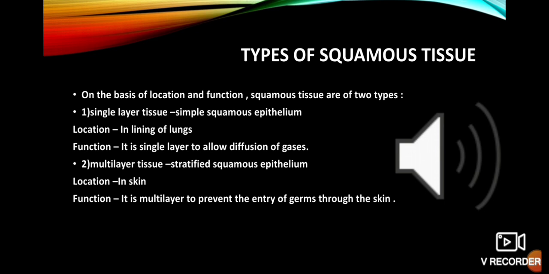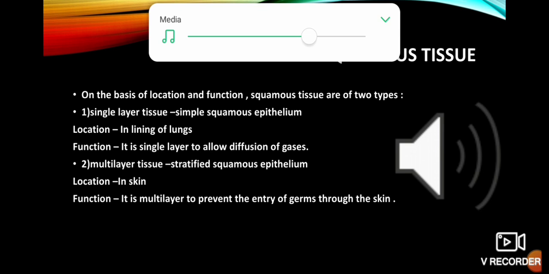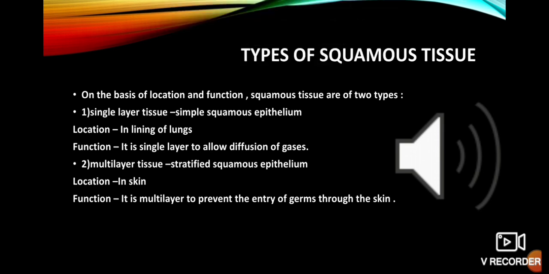The second type of squamous epithelial tissue is the stratified. As I already said, stratified means multi-layer, many layers. So stratified squamous epithelial tissue or stratified squamous epithelium. These are present in the skin. As epithelial tissue can also be present on the external surface of the body, this is present in the skin.